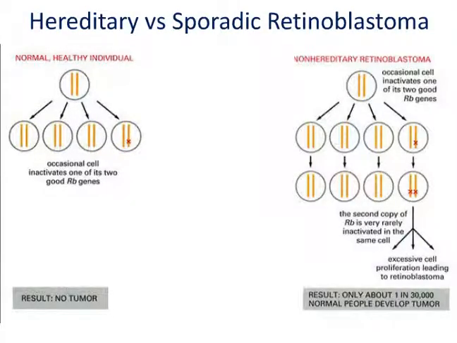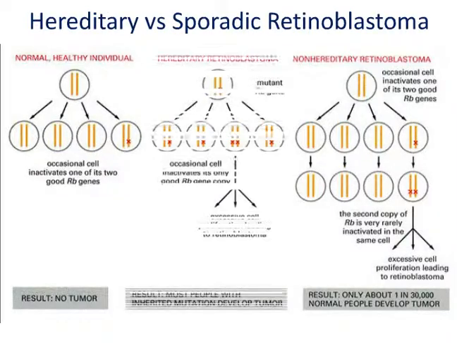However, if that occasional cell that has inactivated one retinoblastoma allele undergoes another loss-of-function mutation in the other retinoblastoma allele, a tumor will develop. This occurs during sporadic retinoblastoma. This is a very rare event and usually only occurs in one eye.